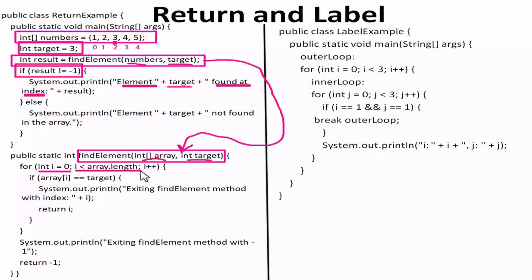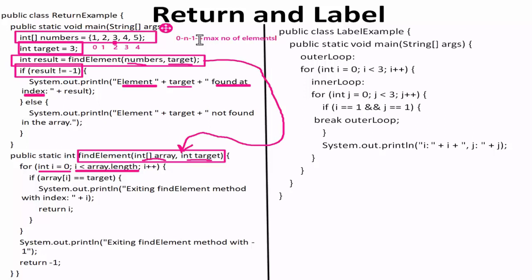So what is array.length? The array contains 5 elements, indexed 0 to n minus 1. The array size means the maximum number of elements.